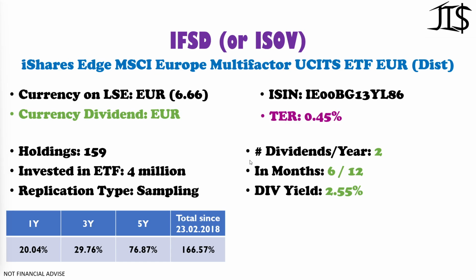So in this case, when you are interested in multi-factor investing, you don't have that much choice. If you want to invest in Europe, you have only half-yearly paying dividend ETFs. And iShares pays out in June and December, and the dividend yield is 2.55%.